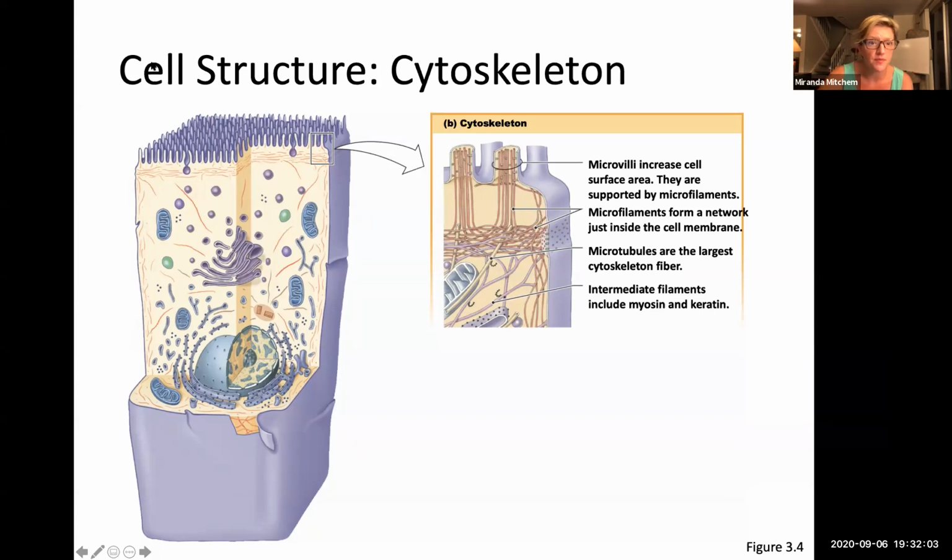We can see the nucleus and endoplasmic reticulum. Our Golgi apparatus is this structure. We've got free ribosomes, and then there are also ribosomes on the rough ER, as well as on the nuclear membrane itself.